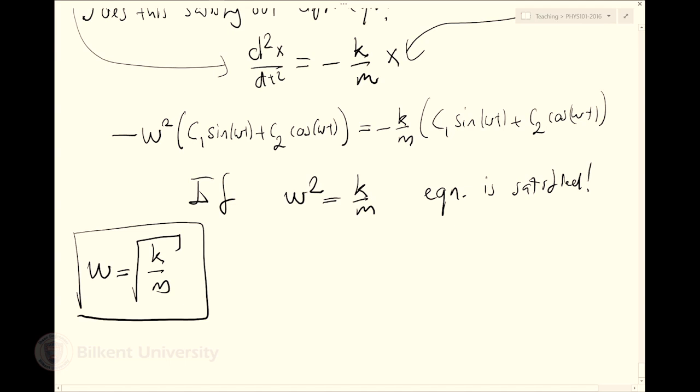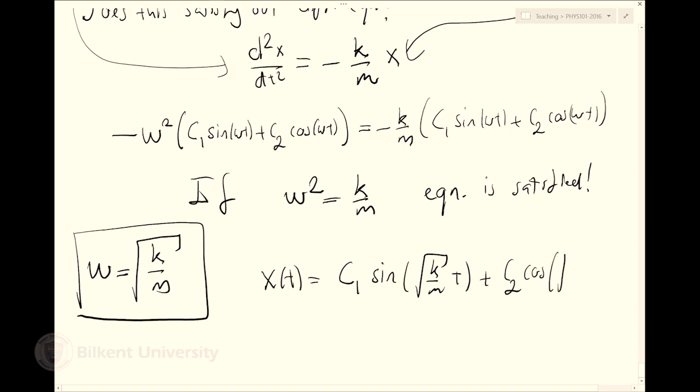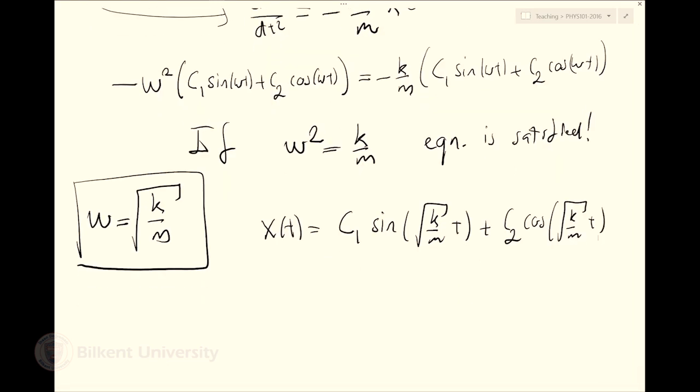But that's not very satisfying, is it? Because I said my solution is c1 sine omega t plus c2 cosine omega t. How about c1 and c2? Where do I find c1 and c2 from?